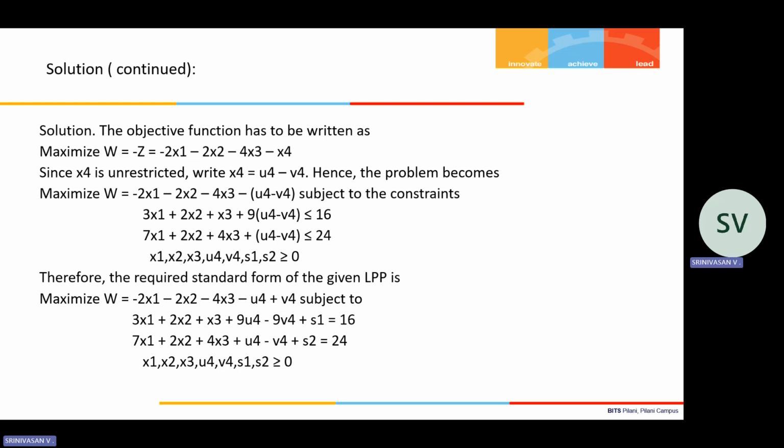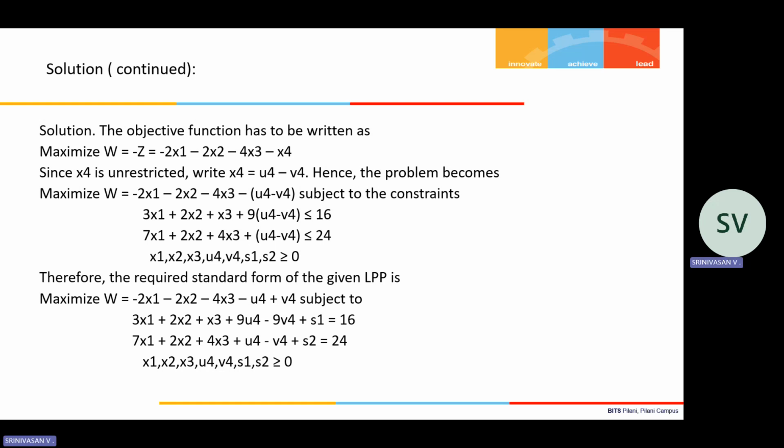Now we can remove the bracket, plus v4, subject to the constraints 3x1 plus 2x2 plus x3 plus 9u4 minus 9v4 plus s1 equal to 16, because less than or equal to. Next constraint: 7x1 plus 2x2 plus 4x3 plus u4 minus v4 plus s2. Here also, the second one is having a less than or equal to inequality.